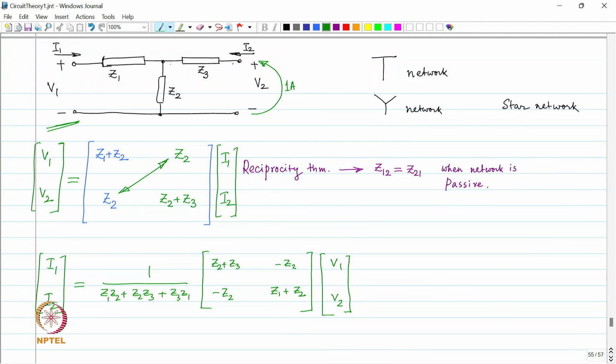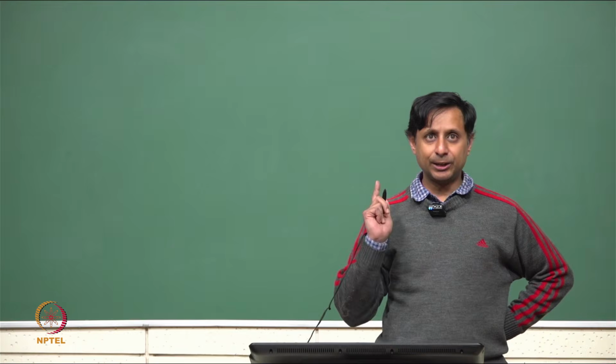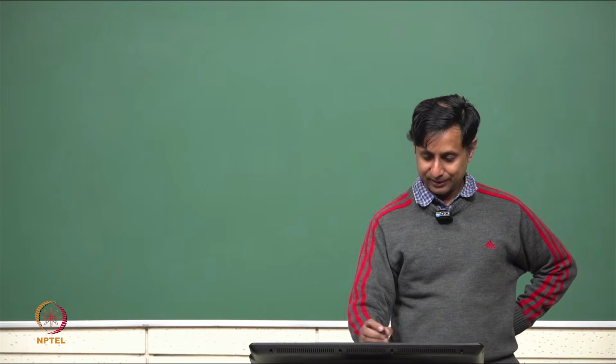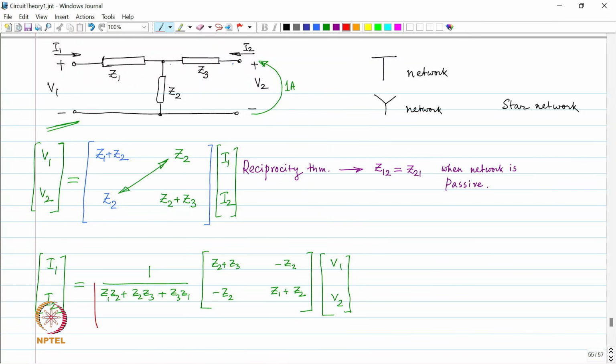You need not have done this inversion. You could have simply gone ahead and done the two experiments that we had discussed for computing y parameters. That would also give you exactly the same result. Okay. So, the y matrix corresponding to this T network is this. So, this is the y matrix.